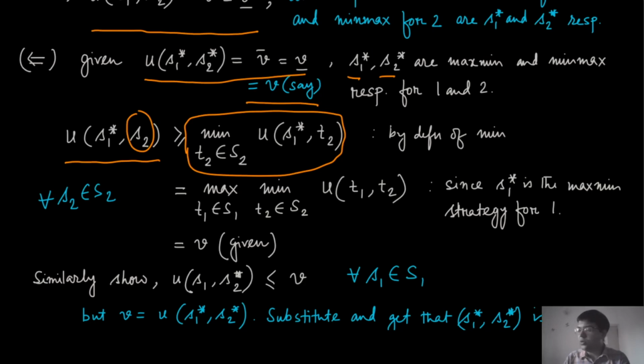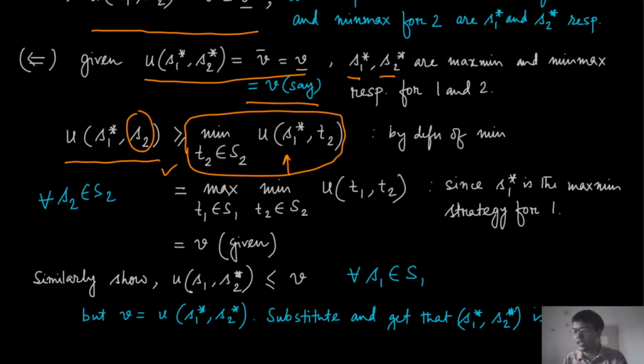And now we can apply the definition that this S1 star is actually the max-min. So it is maximizing the minimum. Therefore, if you plug S1 star in, it is actually equal to the max-min value of this utility.